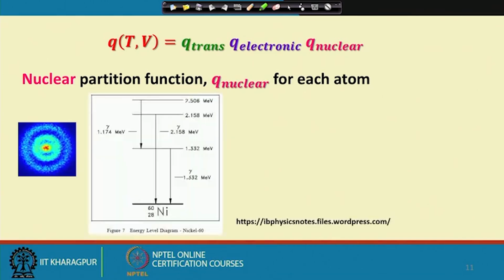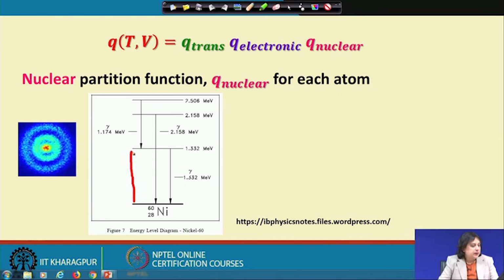It is possible to talk about the energy level diagram of a nucleus, and here you see that the gap between these energy levels is of the order of MeV, and these results are obtained usually by breaking the nucleus of a radioactive atom and looking at the energies of the emitted particles like the alpha or beta or even the gamma waves.